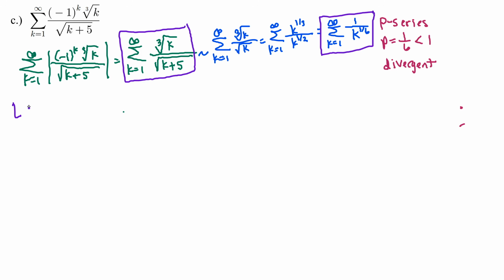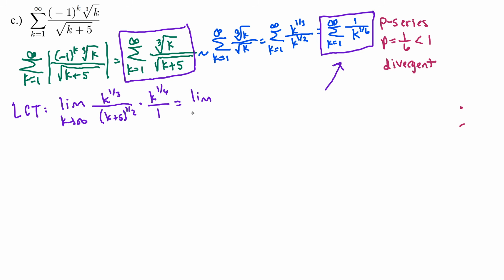So in our limit comparison test, we're going to find the limit as k goes to infinity of the given series, which, by the way, I'm going to write with rational exponents. And we're going to divide by this one. If we're dividing by a fraction, we know that's the same thing as multiplying by the reciprocal.